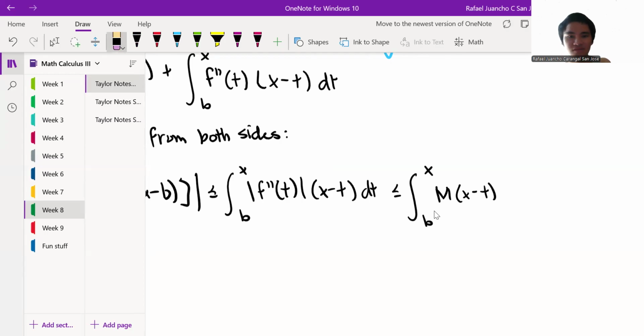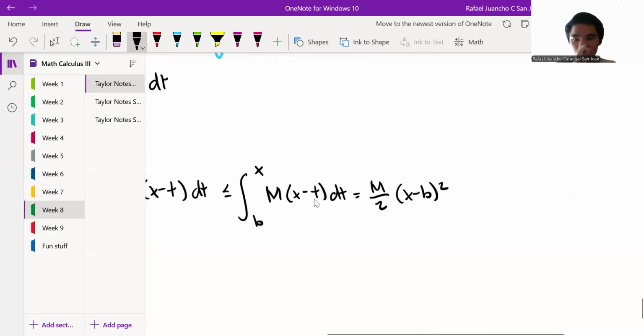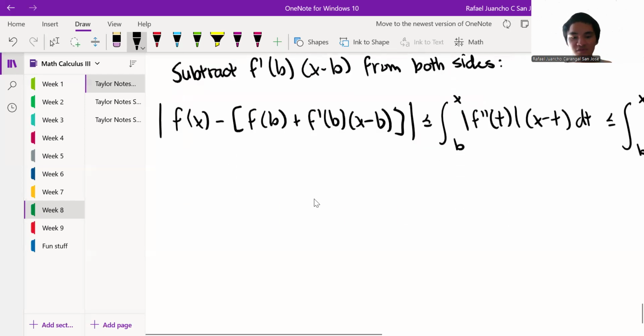Oh, shoot. And then this is just, well, M over 2 times x minus b squared. Okay, now I want to see what's a usable formula. So here we use the same ideas as the inequalities and the fact that x minus t is greater than or equal to 0.